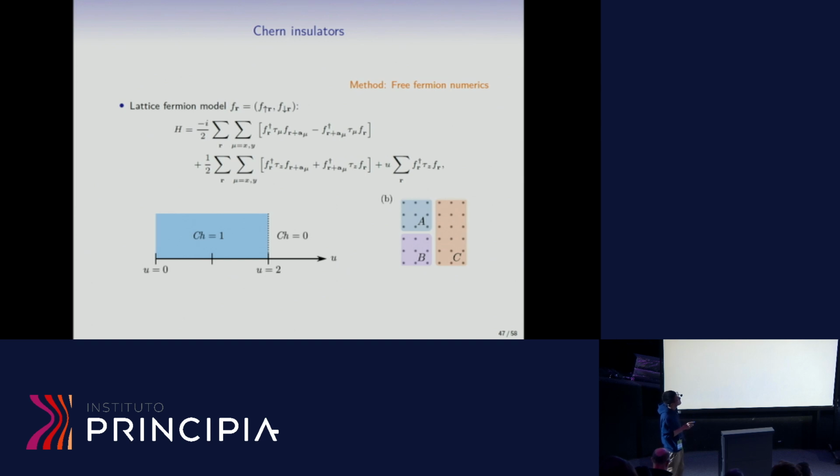I have one parameter in this model here, U. If you change U, you can go from, let's say, a topologically trivial phase, Chern number 0 phase. When this part is very large, essentially you can ignore hopping. This is just an on-site term, so this is like a trivial state. But you can tune the trivial state to the topologically non-trivial state through the critical point here.